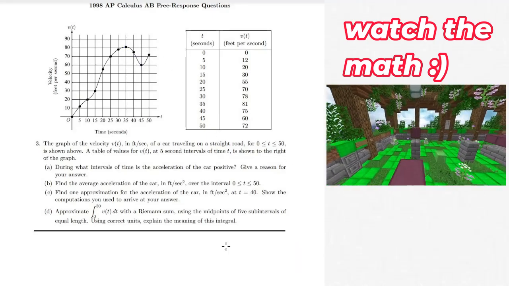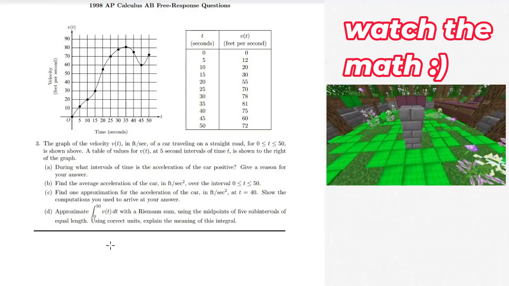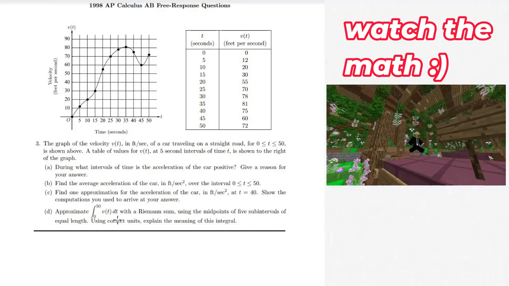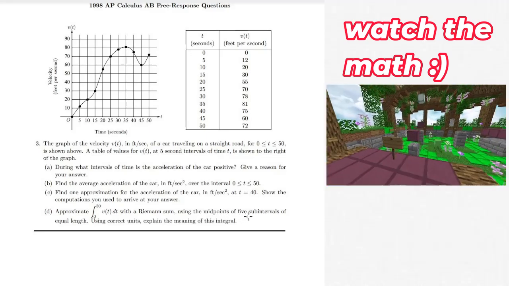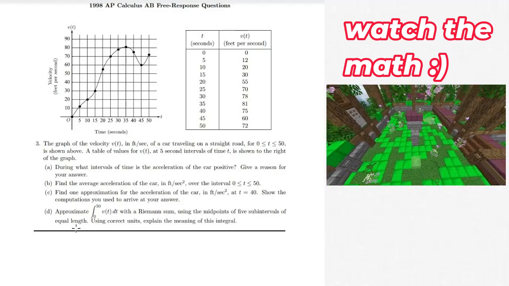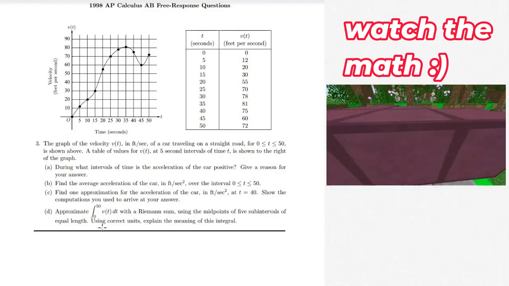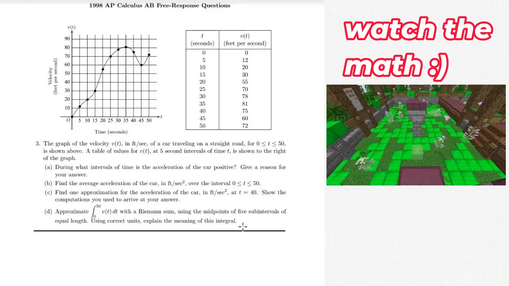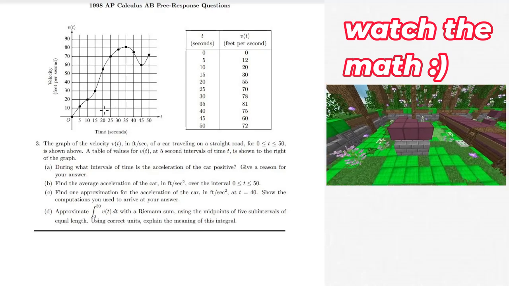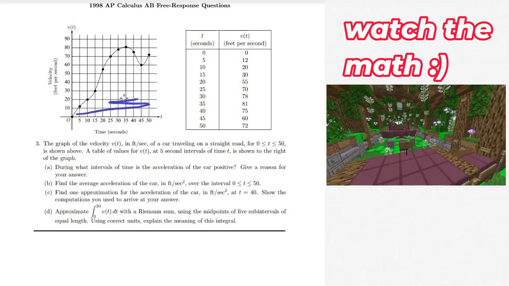In part D, we are asked to approximate the integral of v of t dt with a Riemann sum using the midpoints of 5 subintervals of equal length. So that's really important there. And then we're going to use the correct units, and then we're going to explain the meaning of this integral. So what is integration? We're trying to find this area under here.